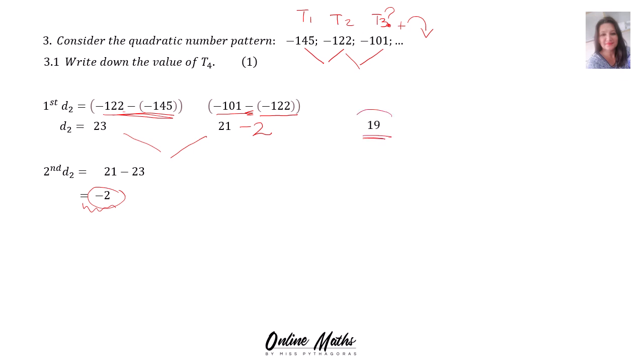And then it's this 19 that you're going to add to your term 3 to get to term 4. So if you add 19 to negative 101, term 4 is negative 82, and all of that is worth 1 mark.